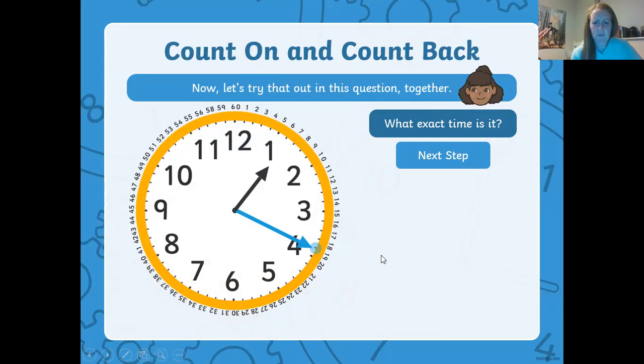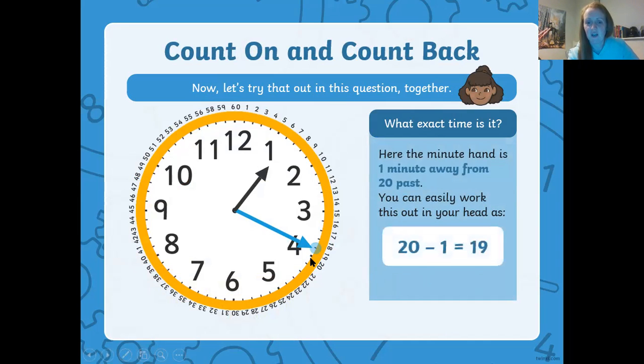But it's 19 minutes past what? What is the hour? That's right, it's 1. There's my hour hand pointing closest to the 1. 19 minutes past 1. How would I write that as a digital time? I hope you got that. It was 1:19, 19 minutes past 1.